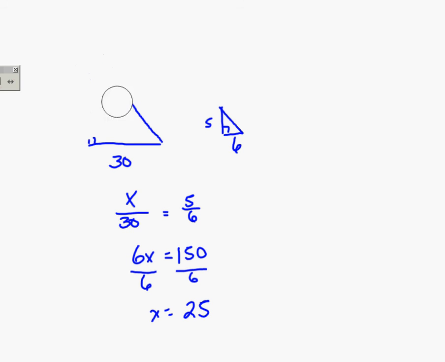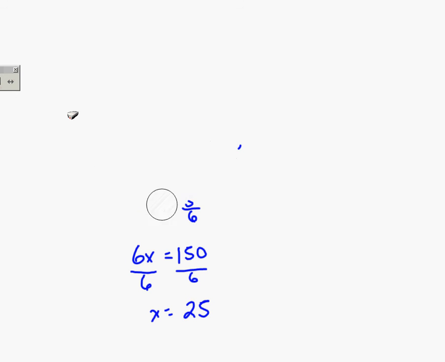The second one, a guide wire is attached to the top of a radio tower. That's that wire that keeps it up when there's a strong breeze. It attaches to the ground 40 feet from its base. Okay, that's my really bad triangle. 40 feet from its base. Angelica is 5 feet tall.